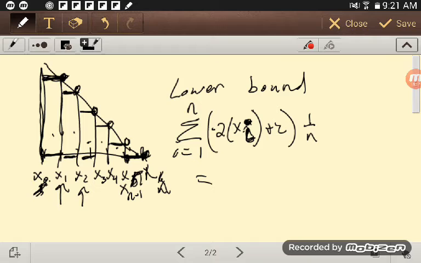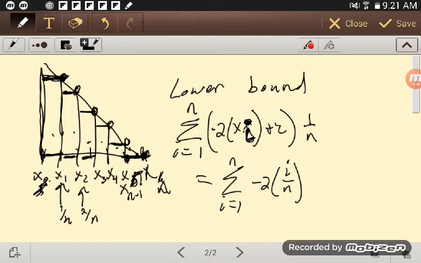This first one here is 1 over n, then 2 over n, and so forth. So I could rewrite this as the sum from i equals 1 to n of minus 2 times i over n, like that, and then plus 2, and all times 1 over n.